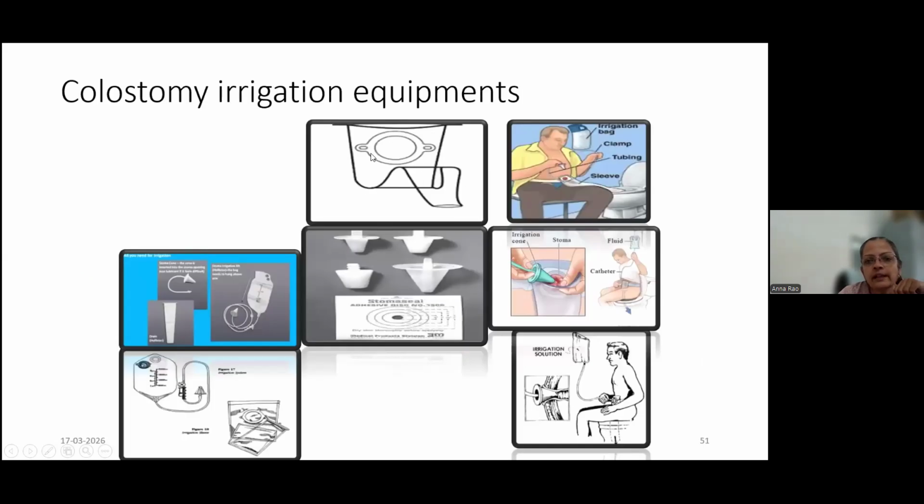Here are the equipments. Here you can see the irrigation sleeve, which will be fixed to the stoma. The patient is sitting on the stool and has kept the other end of the sleeve into the toilet seat. This is the cone which will go inside the stoma, and this is the bag.